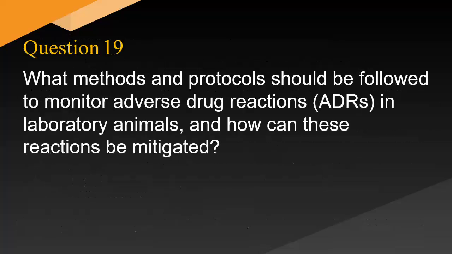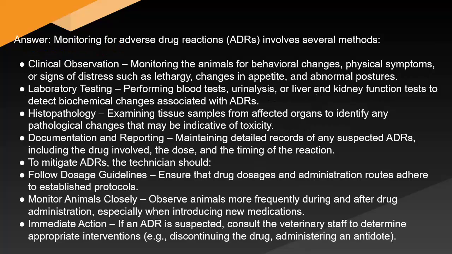What methods and protocols should be followed to monitor adverse drug reactions in laboratory animals, and how can these reactions be mitigated? Answer. Monitoring for adverse drug reactions involves several methods. Clinical observation, monitoring the animals for behavioral changes, physical symptoms, or signs of distress such as lethargy, changes in appetite, and abnormal postures.